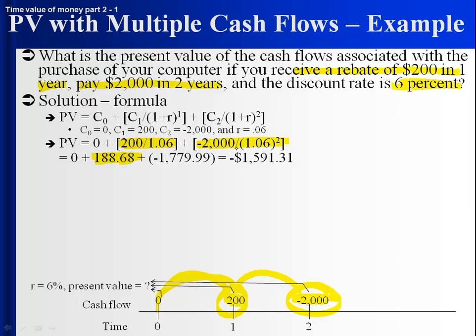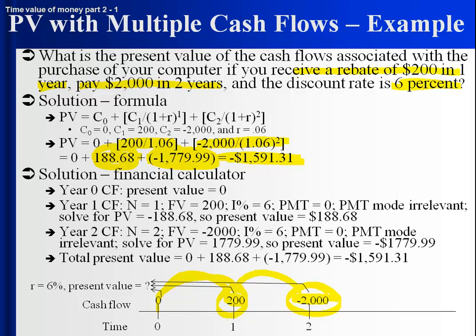Paying 2,000 in 2 years is equivalent in value terms to paying $1,779.99 today. So this whole arrangement is like getting $188.68 and paying $1,779.99, which is comparable to paying $1,591.31. So the present value of the cash flows is negative $1,591.31.